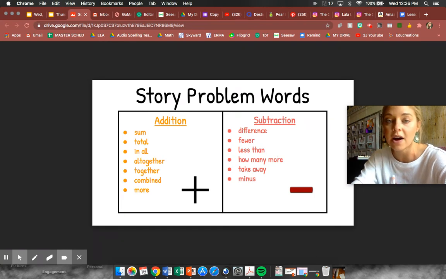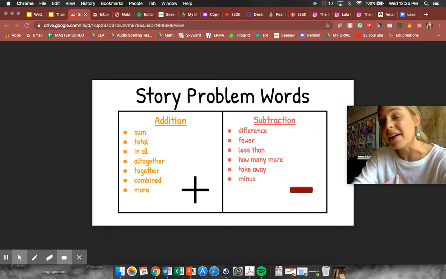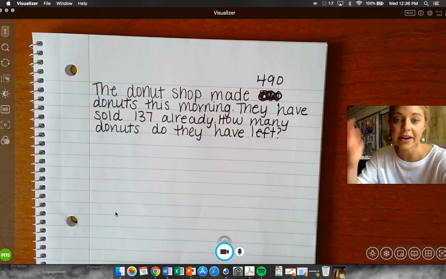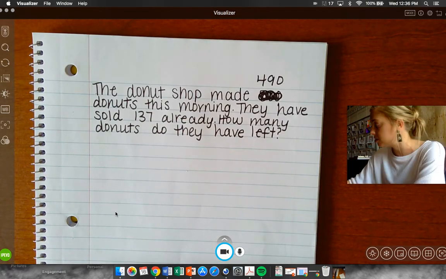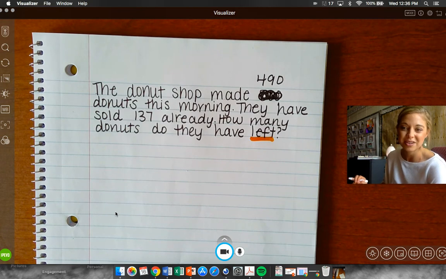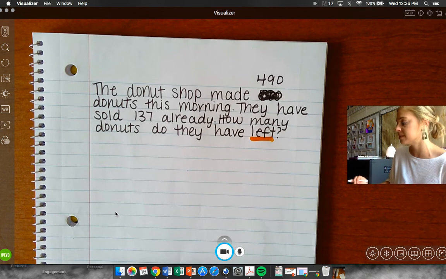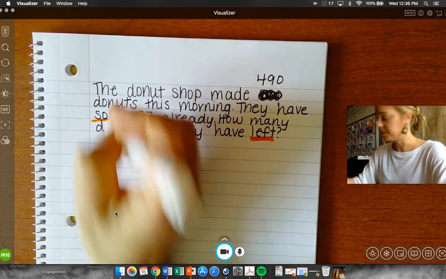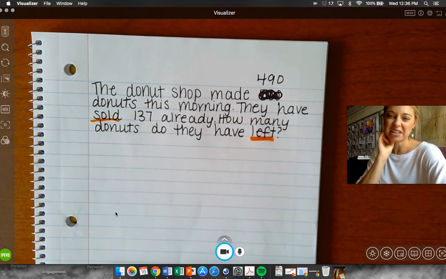So they're trying to figure out, well, how many donuts do we have left to sell, right? And that left definitely would be a subtraction word. So I'm going to underline that, and I will add it to the chart because I think that's an important story problem word that you might see sometimes. And perfect. I'm also going to underline sold because I think that also kind of tells me I need to subtract.